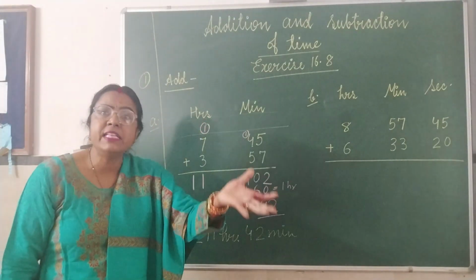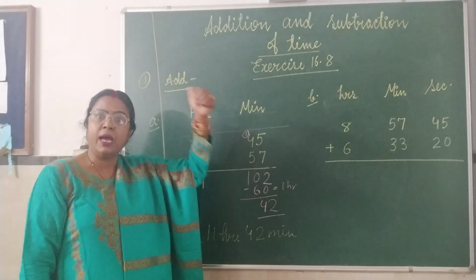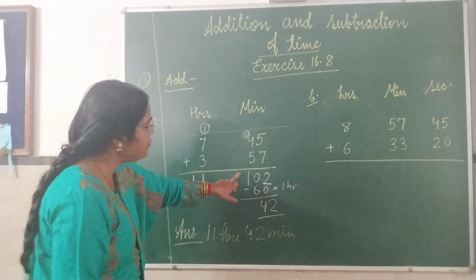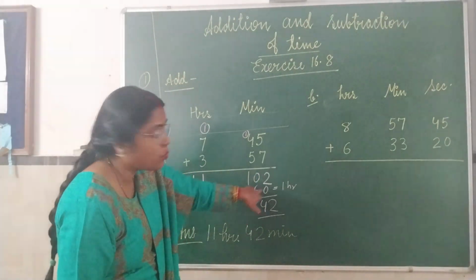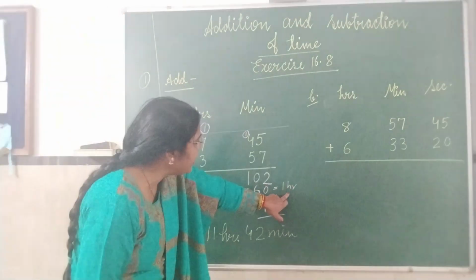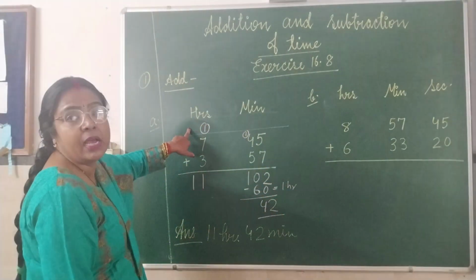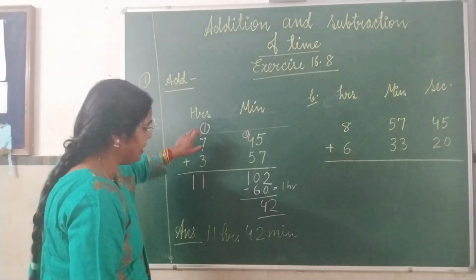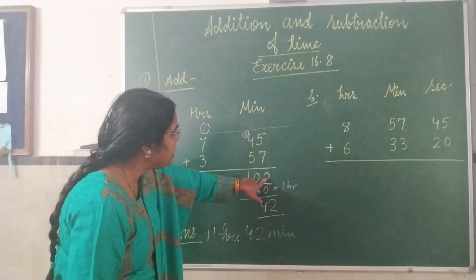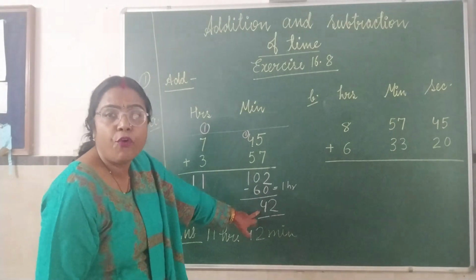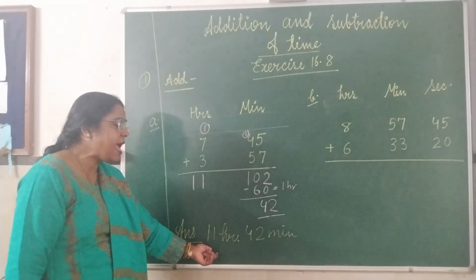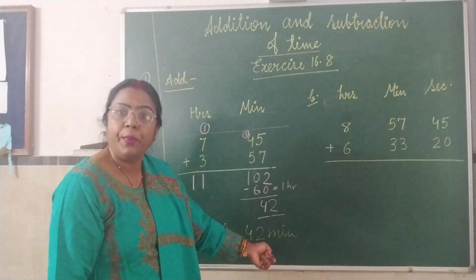So whatever part is more than 60 minutes will go to the hour side. So we will subtract 60 from here. 60 minutes is equal to 1 hour. So this 1 hour will be carried forward towards the hour side. And when we subtracted, 2 minus 0 is 2 and 10 minus 6 is 4. So the answer is 11 hours 42 minutes.